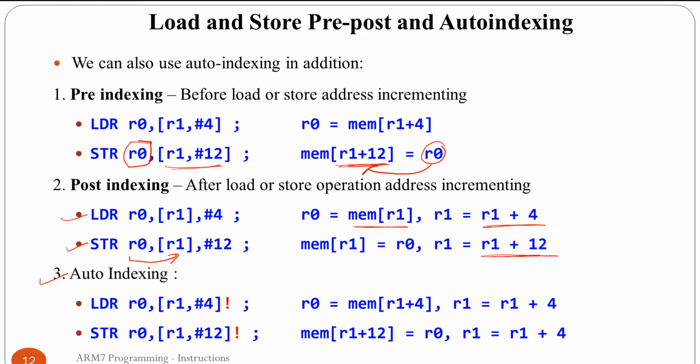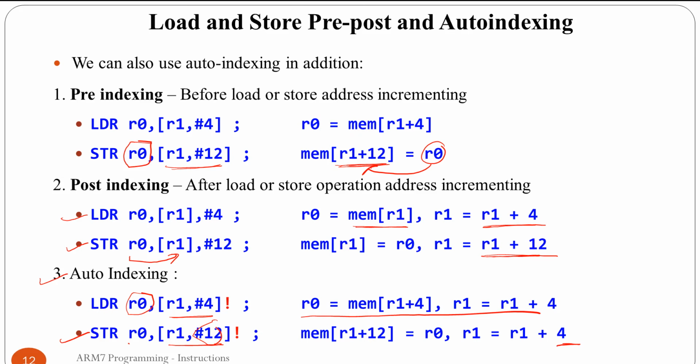Next is auto indexing. In this your R0 register is loaded from R1 plus 4, and then R1 is again updated with R1 plus 4, because the exclamation symbol is there. Then store R0 comma R1 comma hash 12. In this case R0 is stored at the address pointed by R1 plus 12, and then R1 is updated with R1 plus 4, not 12.